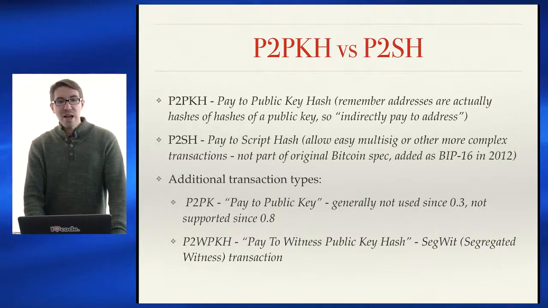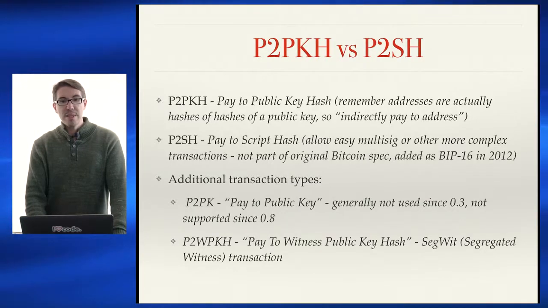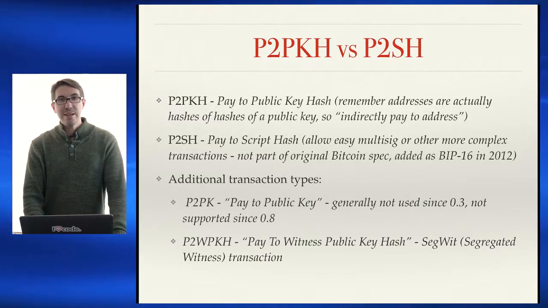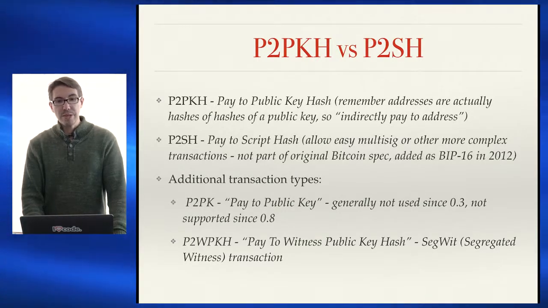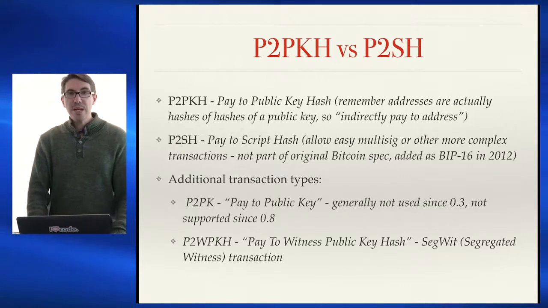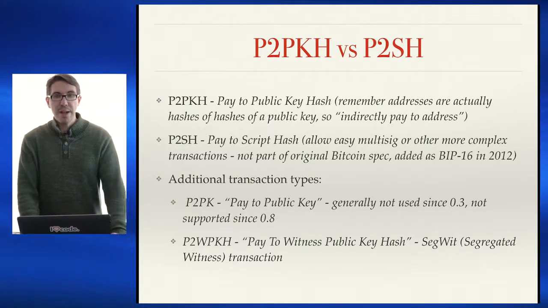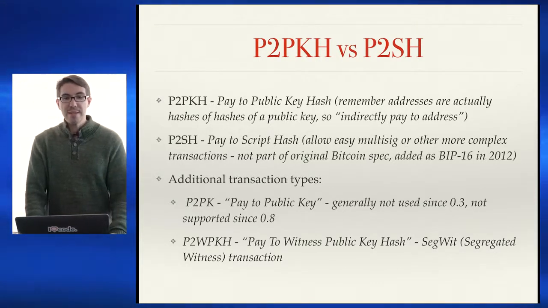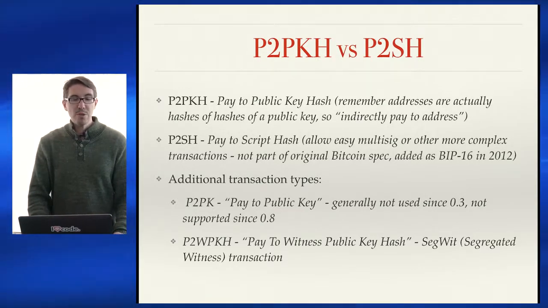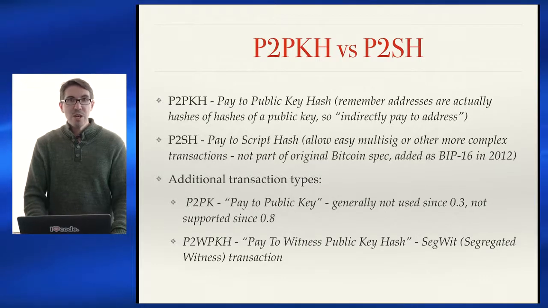The last thing I wanted to discuss on this topic is the different ways that you actually can specify the receiver of your Bitcoin. There are a few different kinds of these ways to pay. Perhaps the most famous, or most used, is P2PKH, which is pay to public key hash.